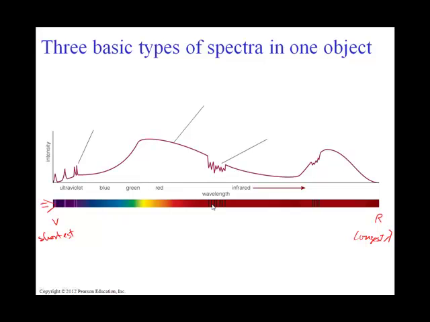Notice that it's got a few features, and we'll talk about these. Do these look like the absorption lines, Kirchhoff's law 3? They are. And these are trying to show you bright lines against a dark background. So these would be emission lines.